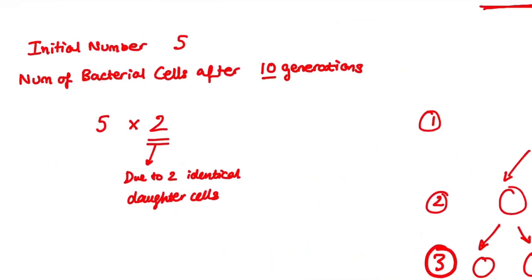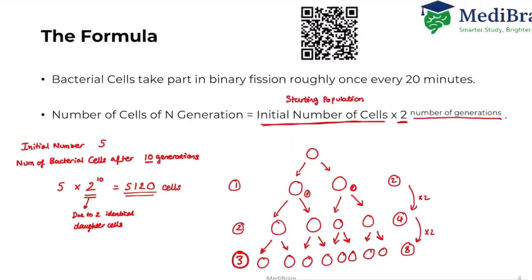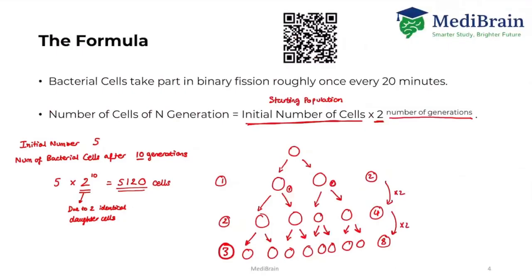I've told you that it's 10 generations, so it's going to be 2 to the power of 10. So you would just do 5 times 2 to the power of 10, and that gives you an answer of 5,120. So that tells you that after 10 generations, there will be 5,120 bacterial cells.